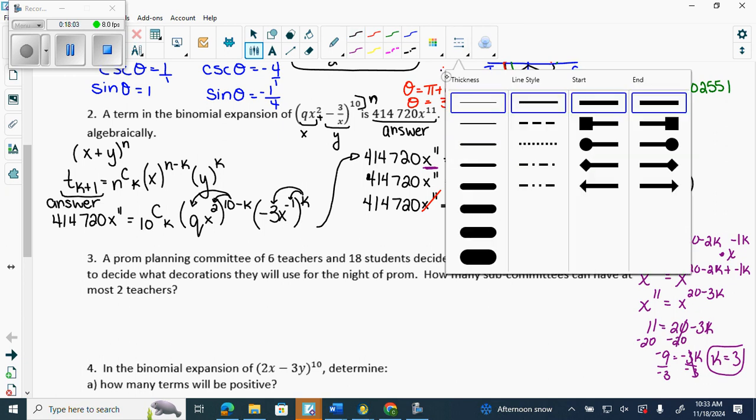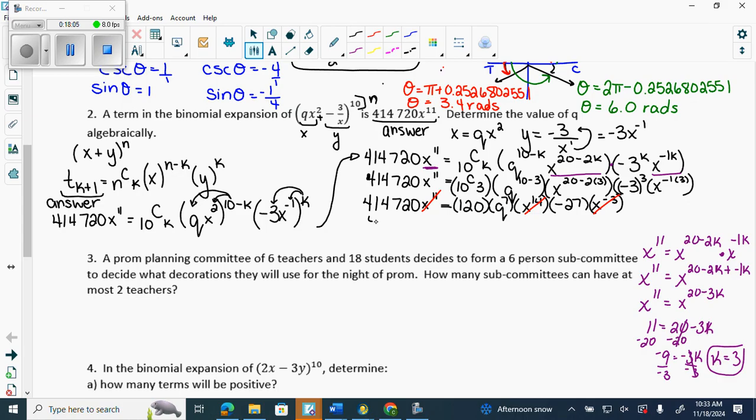Then we're left with 414,720. What's 120 times negative 27? Negative 3,240 q to the 7. Divide by negative 3,240. And what do we get?